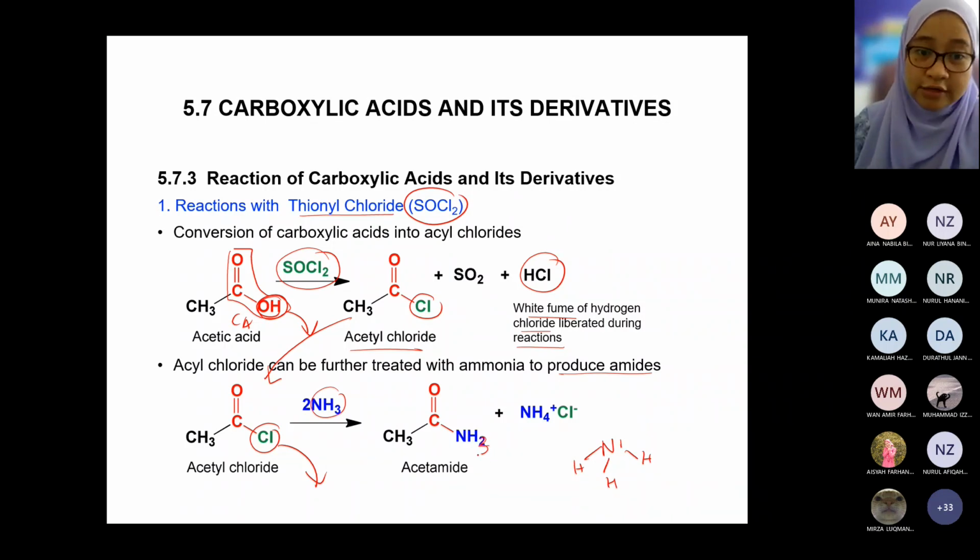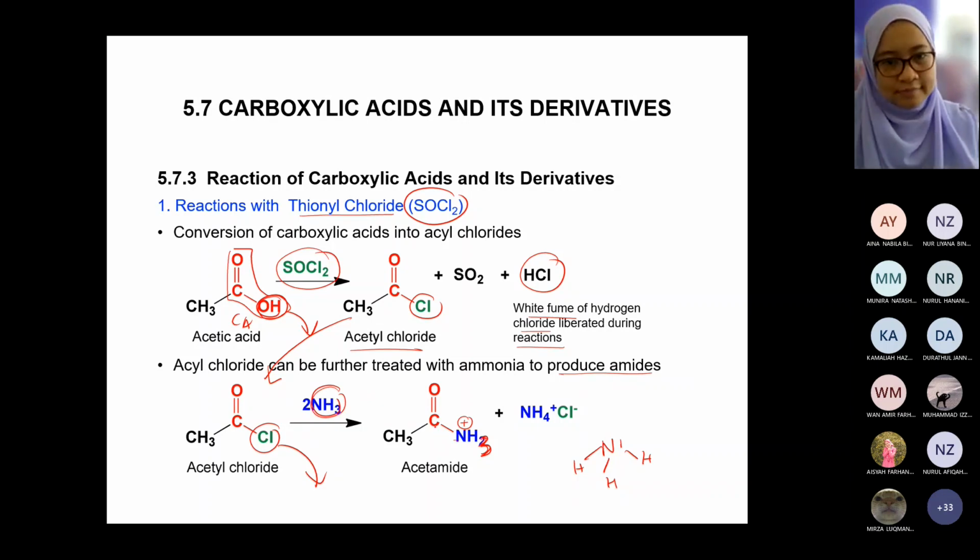Bukan 3 hydrogen, so student dia suka ganti terus masuk NH3. Salah. Kalau NH3, dia dah ada 4 bond kat situ. Kalau sini NH3, so N ni akan jadi plus dekat situ, sebab dia dah ada 4 bonds. N dia kena ada 3 bonds. Baru dia neutral. So that's why dia kena NH2 bukan NH3 bila dia attach to the carbon. Okay.